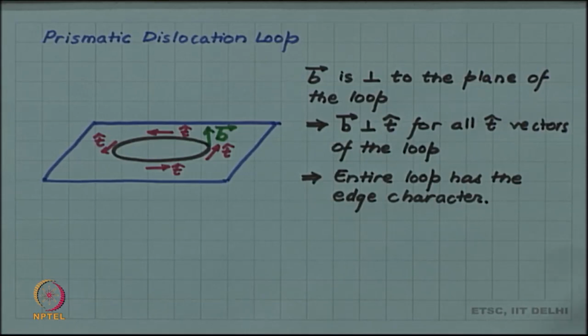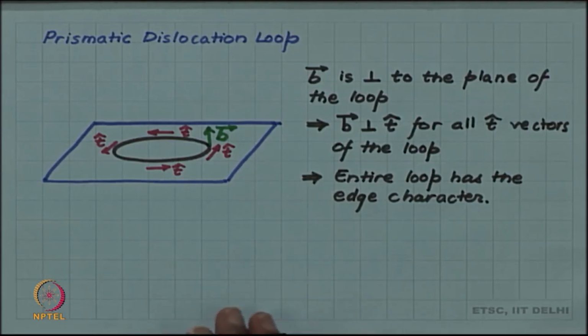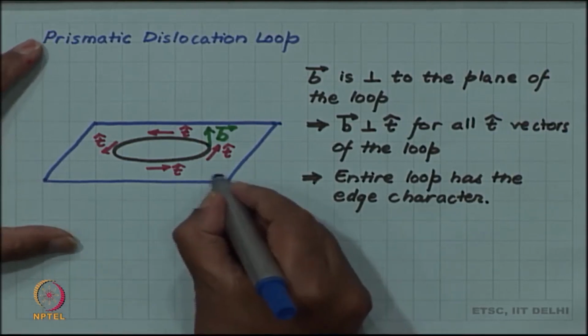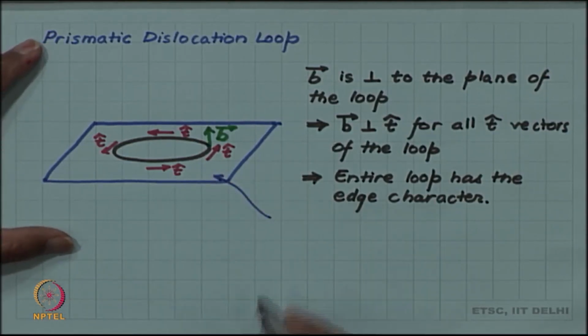Also notice that although I have drawn a plane here on which the loop is lying, this plane is not the slip plane of the loop, because the B vector is not lying in this.